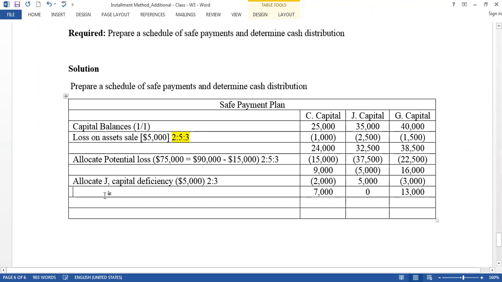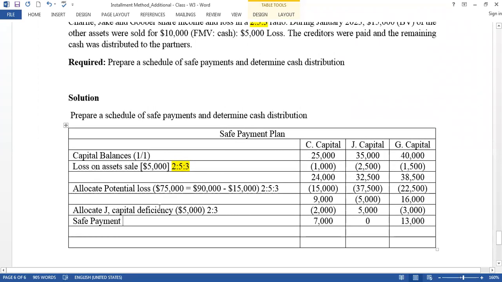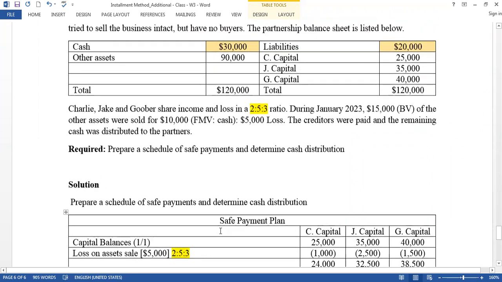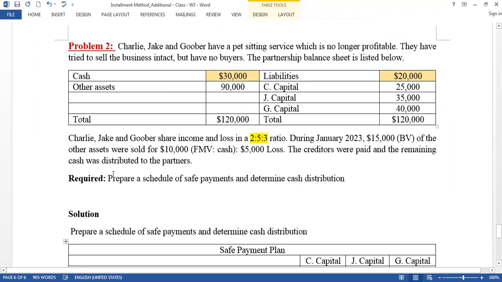Now, can you tell me, is it safe payment or not? That means how much cash is remaining? Can you understand from the question? How much cash is actually remaining for this safe payment? Try to think. First, our cash is, so I can show you here, $30,000, right? From here, we pay liability $20,000.